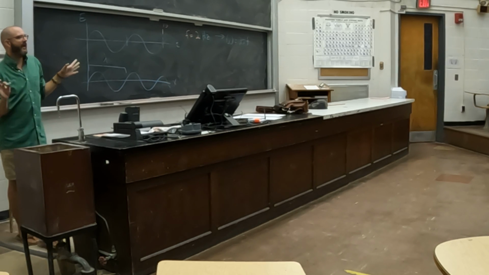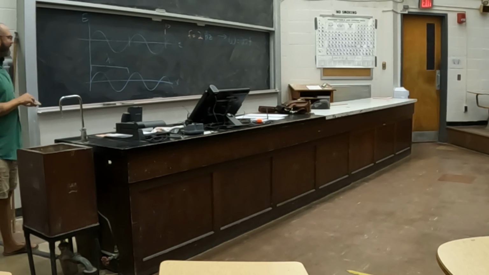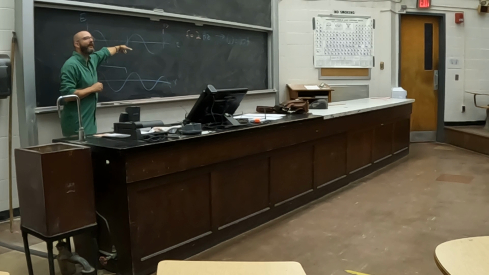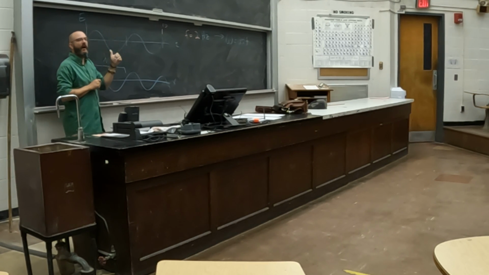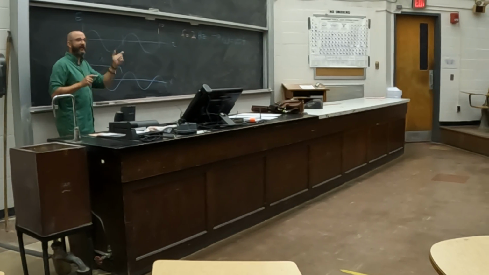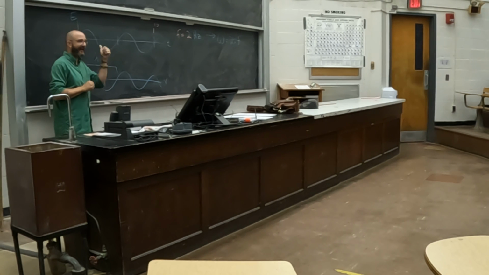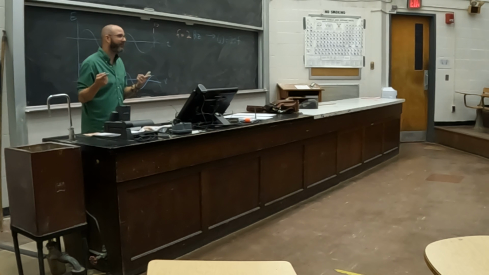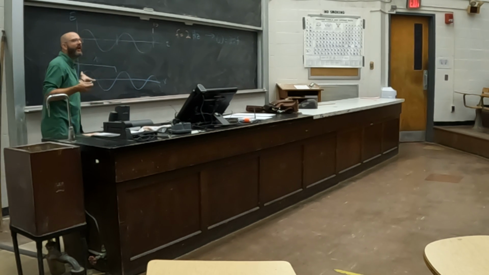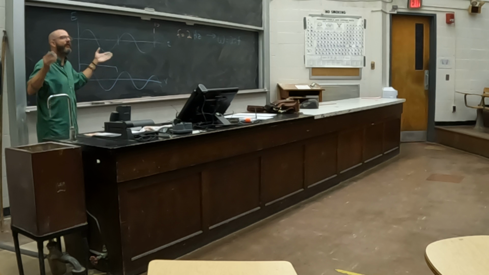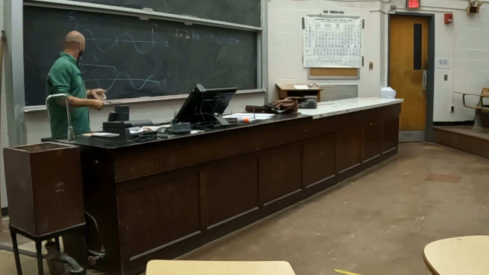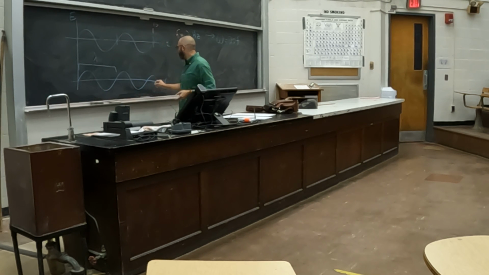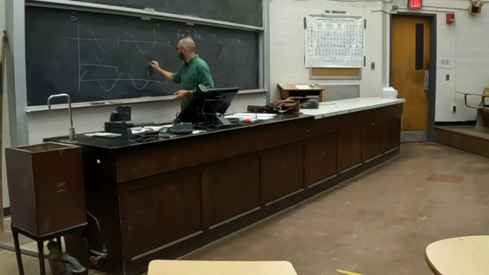But here's how we use that. If I'm counting how many cycles of this wave occur in 1 second using my stopwatch, that gets me to the frequency, or I will call it the temporal frequency. I could also measure how many of those waves fit into 1 meter, right? Let's say I have 1 meter right there.